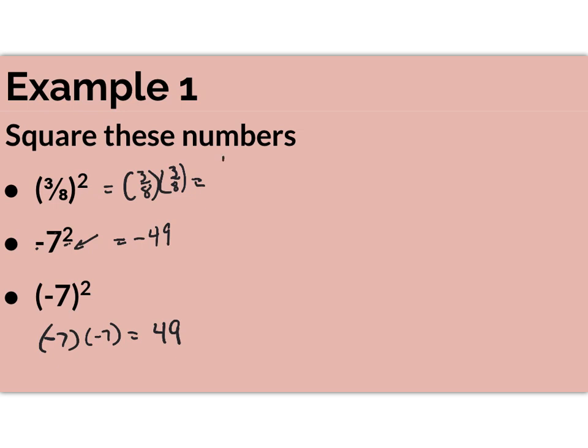So 3 times 3 is 9, 8 times 8 is 64. And I would like you to reduce this fraction from here. Let's see, do they have anything in common? I believe they have a 3 in common. So divide by 3 over 3. 9 divided by 3 is 3. 64 divided by 3 does not go into it evenly.